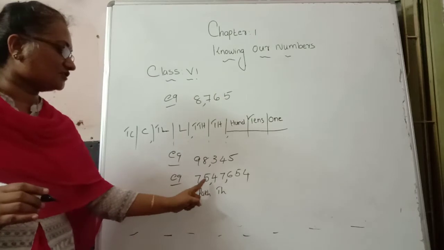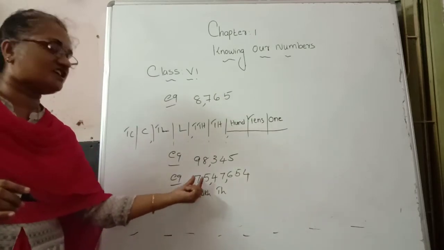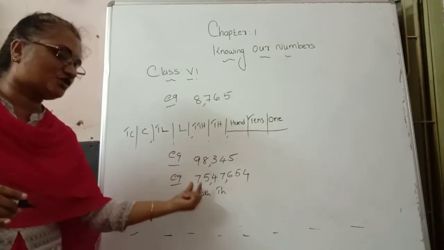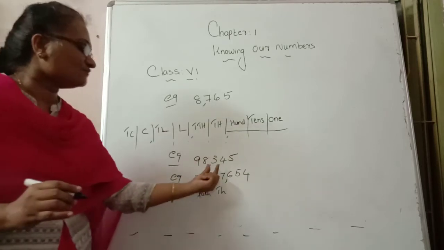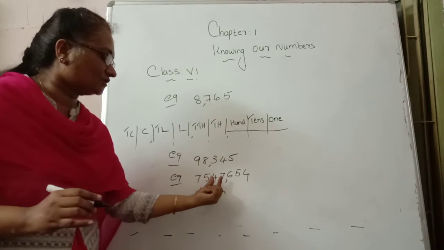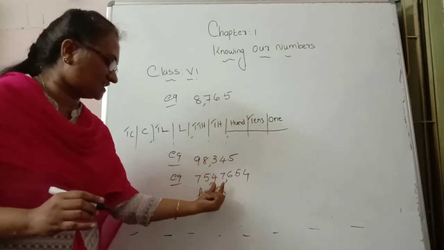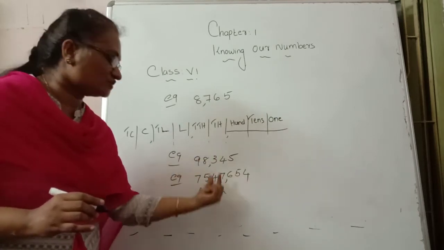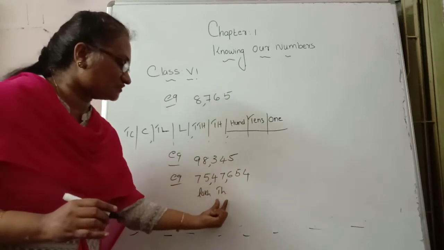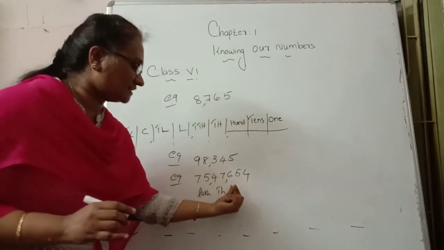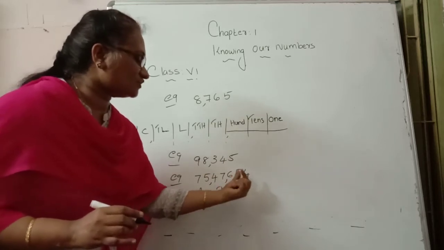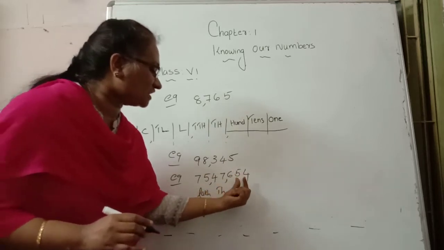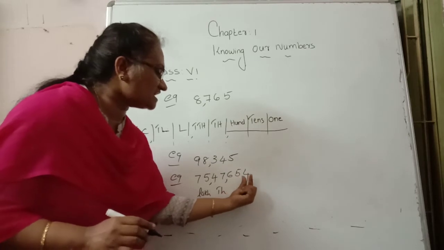So 7 and 5 read together we read as 75, and it belongs to the lakh group, so 75 lakh. 4 and 7 read together means 47, in the 1000 group, so 47,000. 6 is in the 100 place, and 5 and 4 are in the tens and ones places, so we read them as 54.